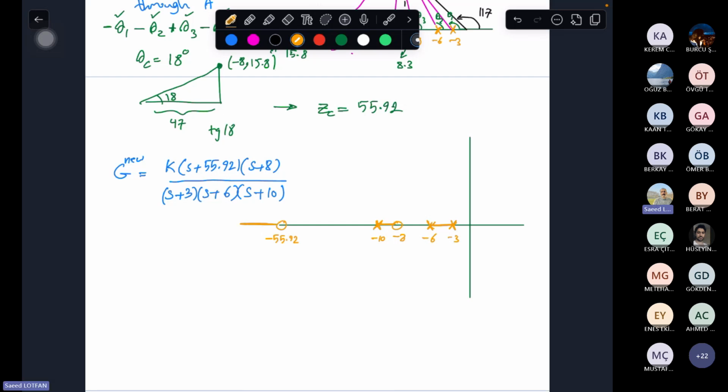So if we find it, it goes from here to here, but these two come from here and go there. One of them goes this way and one of them goes this way, to infinity. Okay. So in this condition, the point that is here is like this.